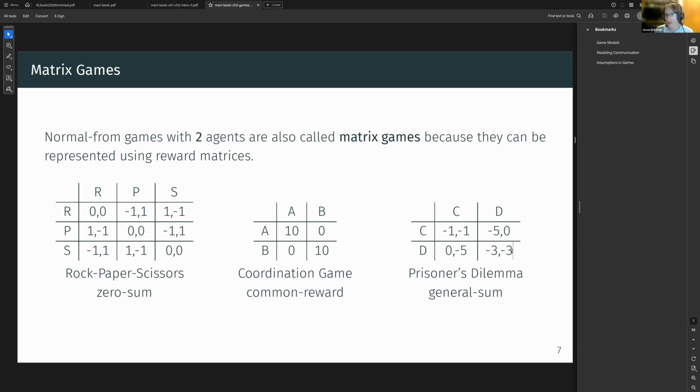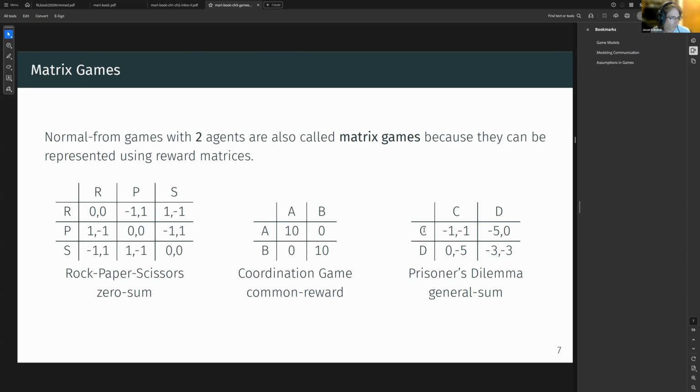You can get some idea of how these equilibrium conditions work. Let's say that we assume that agent 1 selected action D. You can see that for the first agent, if it wants to maximize its reward, then it has a choice of either -5 or -3. So -3 is better, select -3.